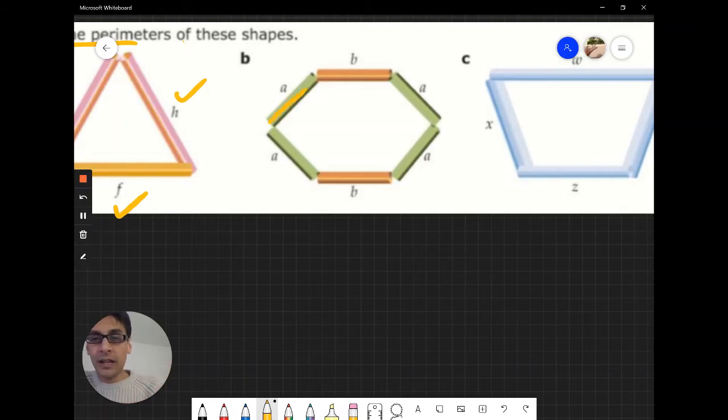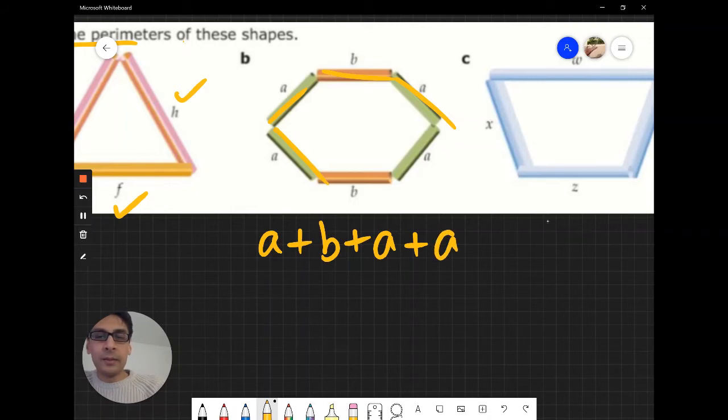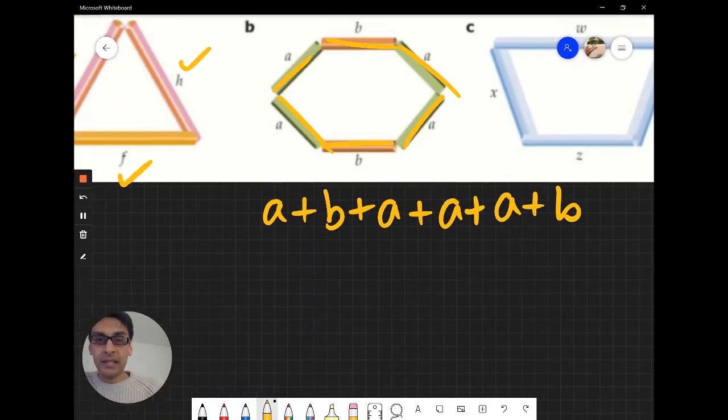So we've got A plus, well, we've got a B plus another A plus, there's another A there, plus there's another A, and then we've got another B. So notice how I'm ticking them off, or in this case I drew a line next to them just so I didn't miss any out.